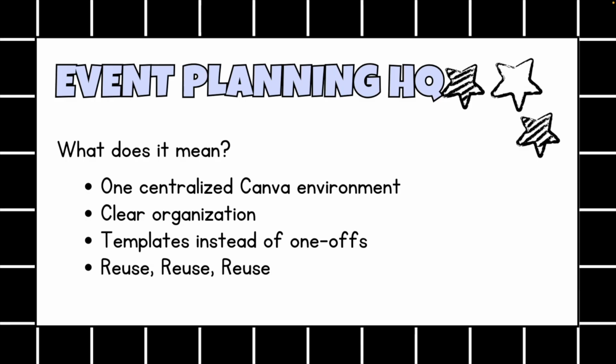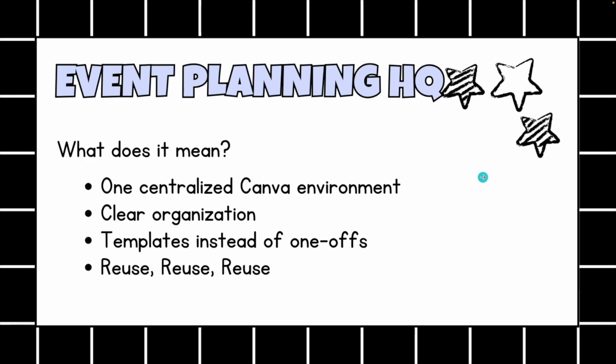And again, this comes back to the point I'm going to make clear throughout this class, and that's the mantra: reuse, reuse, reuse. We're going to maximize efficiency by reusing those templates, which means for you, less work and more cohesive event preparation and presentation, right?